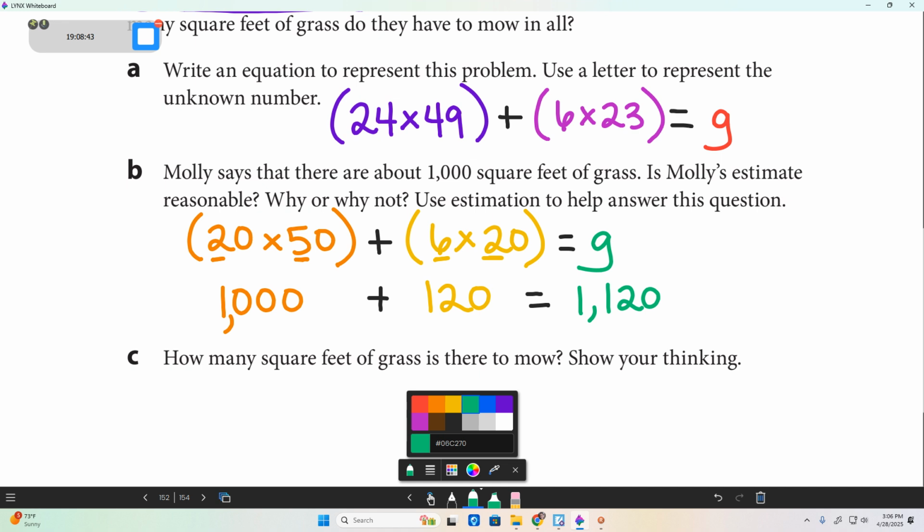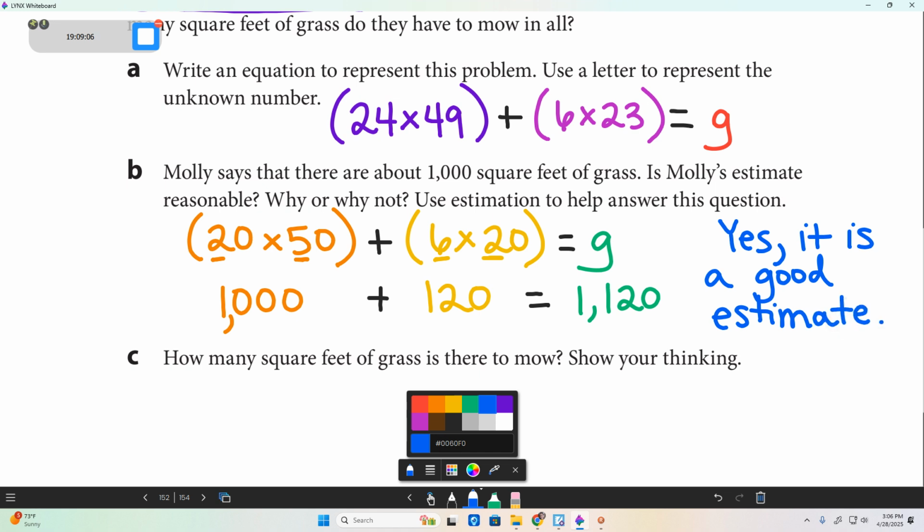So Molly's estimate of 1,000, I think that's a great estimate. I'm going to say, yes, it is a good estimate. And I think I'm going to stop there with my answer. And let's go on and actually figure out the answer.